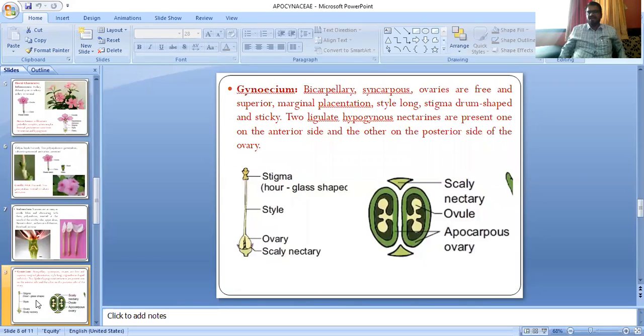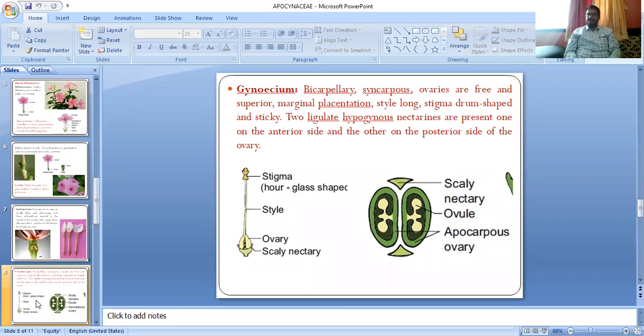Then we have to see the second reproductive whorl, the female whorl of a flower, that is gynoecium. Gynoecium is the female reproductive organ of the flower. It is bicarpellary, meaning two carpels, a compound pistil with a bicarpellary ovary.